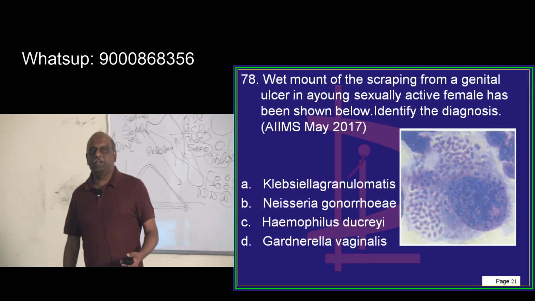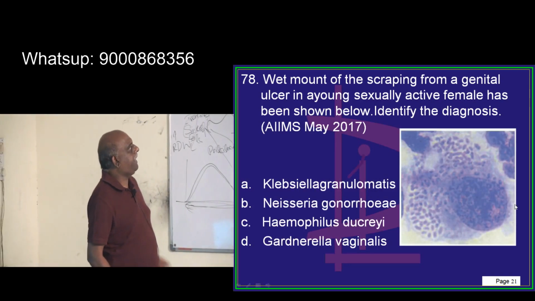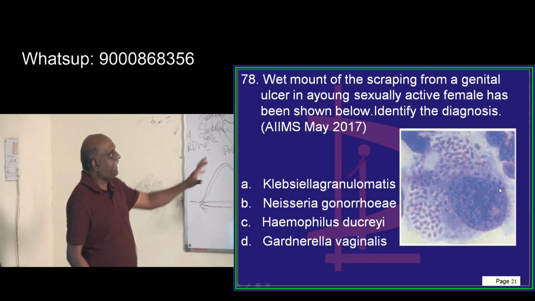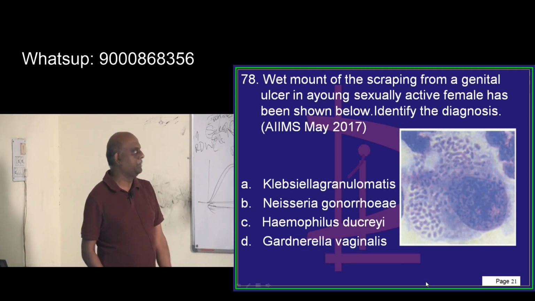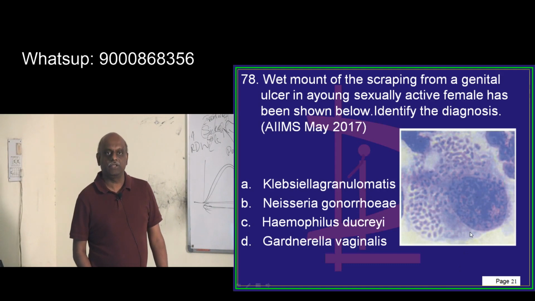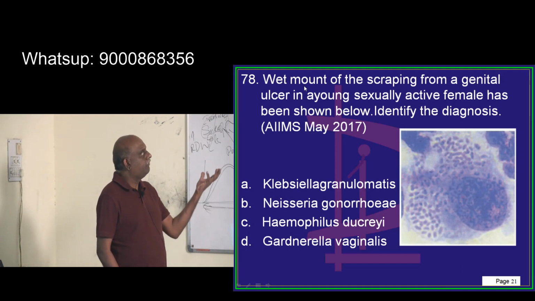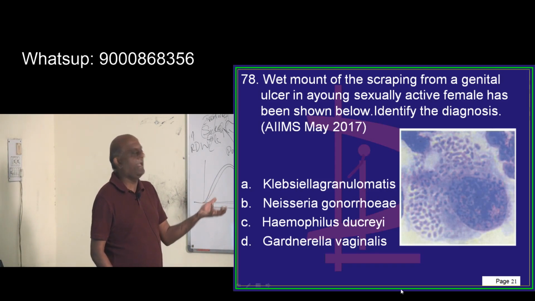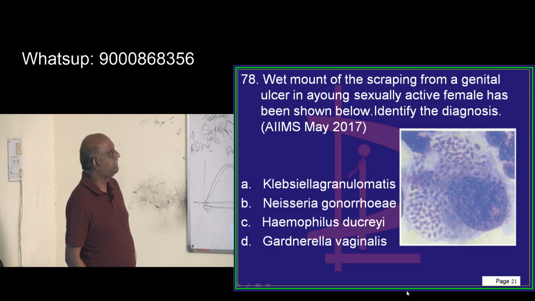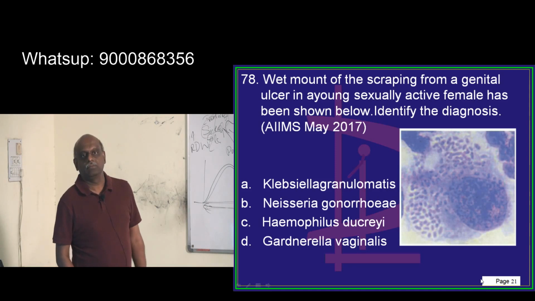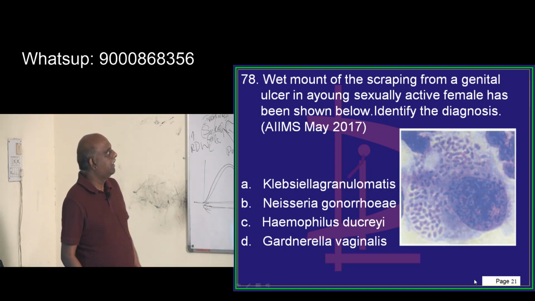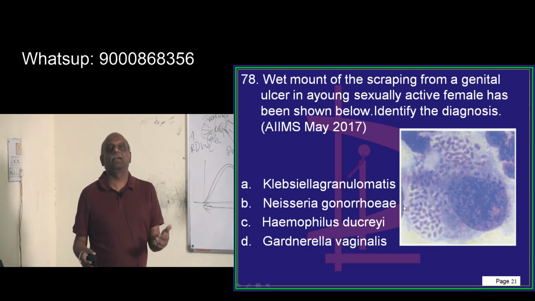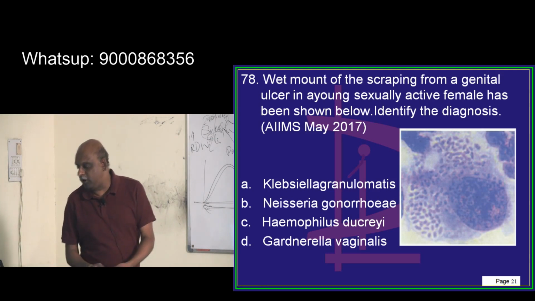A wet mount of the scraping from the genital ulcer of a sexually active female has been shown to you for you to make a diagnosis. Wet mount, sexually active, even if you don't look at the organism, you can think of the possible organism.